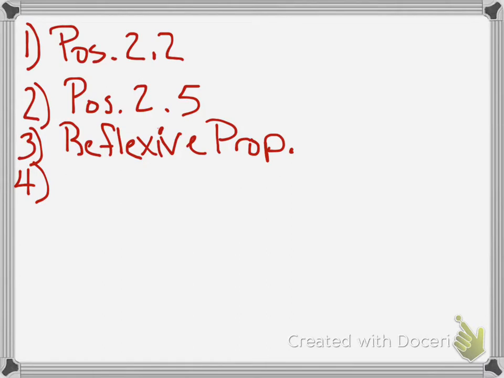Now, key hints. On number 4, notice how it says PR is equal to PQ plus QR. If we're assuming these are line segments, then segment PR is equal to PQ plus QR.